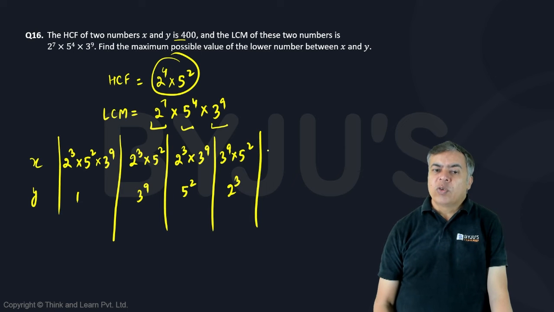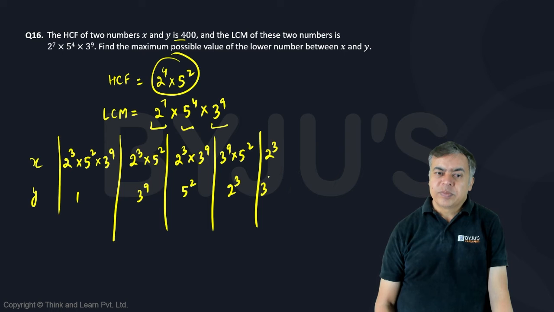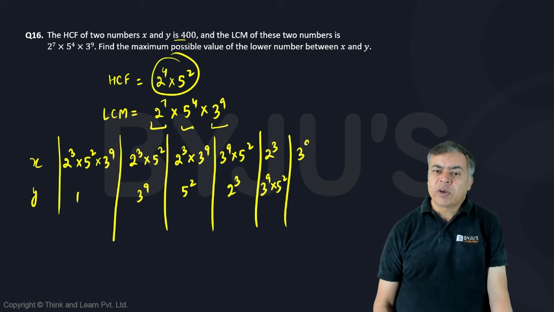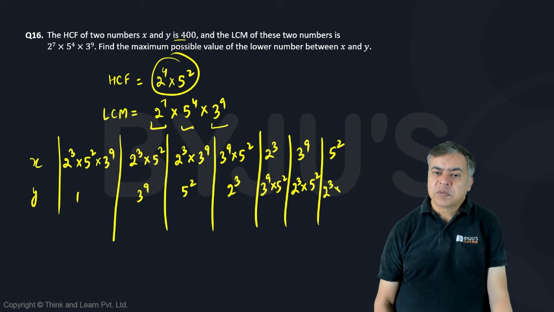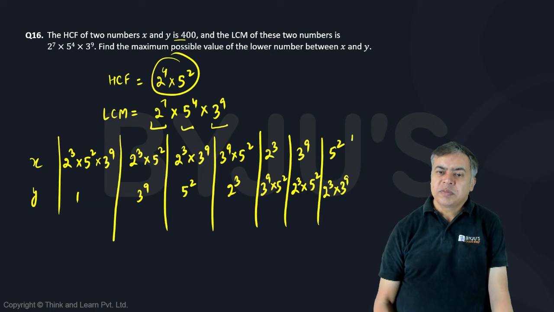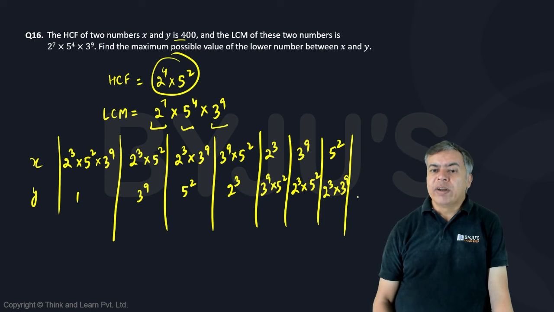Or you can have only 2 raised to power 3 here and the remaining power here. Or you can have 3 raised to power 9 here and 2 and 5 here. Or you can have 5 here and 2 and 3 here. Or you can have everything in the y.